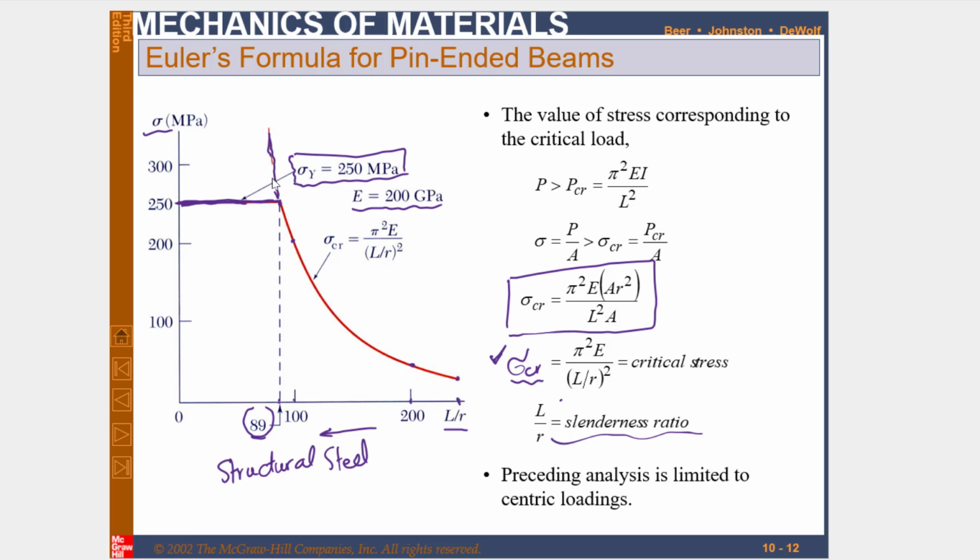So I will repeat, the critical strength is increasing, but on the other hand, you are going to the higher side of stress that will exceed the yield strength, and the column will fail due to compressive yielding. So this critical stress should be enhanced, but it should not exceed the material property or yield strength of the material.